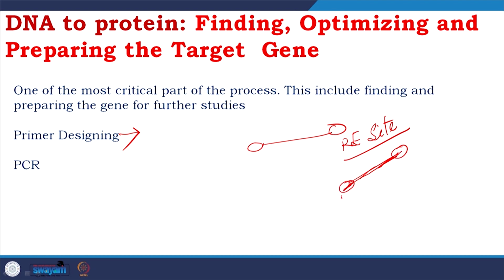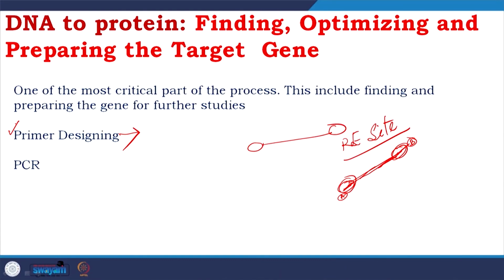Here the A chain is elongated, here the B chain is elongated among the DNA. So these staggered cuts are important because they will match with the staggered cut of the plasmid vector where you want to clone it. So that's why you need to do the primer designing.